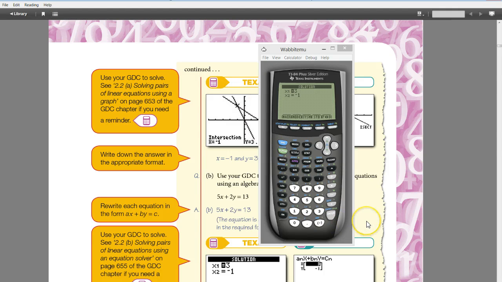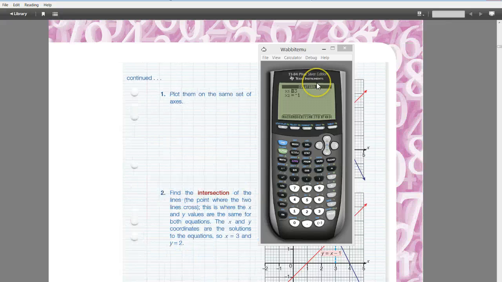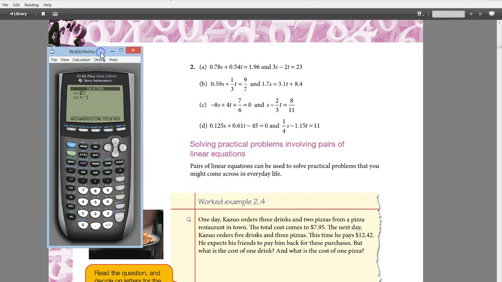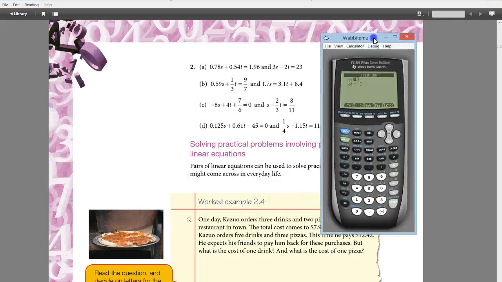So this is how you do it, and if you look in the book on page 49, there are some exercises, but on page 50 there are also 2 equations that you have to solve simultaneously. And now you don't have x's and y's anymore, you have s's and t's, but it works in the same way.